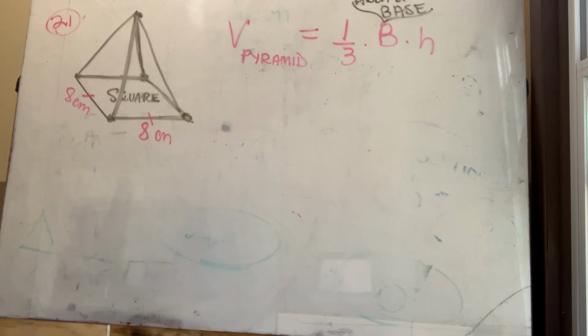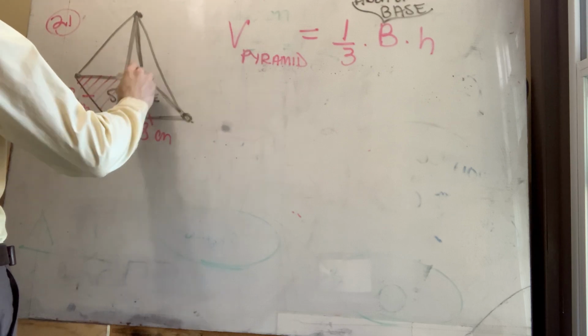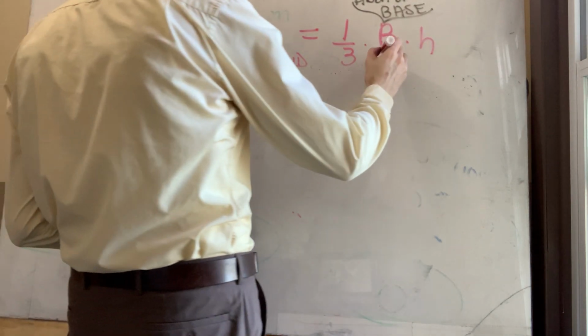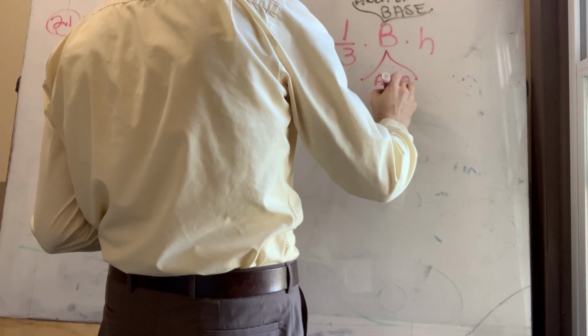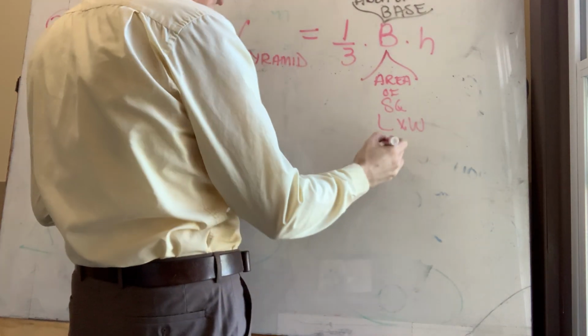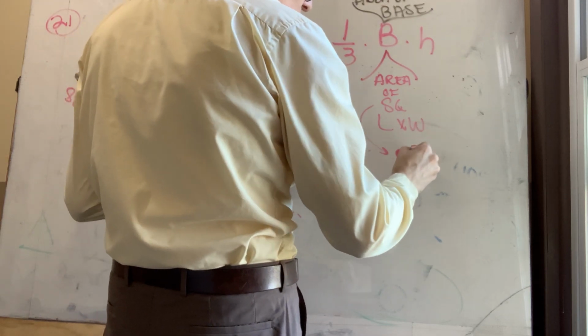Anyhow, if we figure out this area, the formula for the area of a square, you can get away with using length times width. It is usually given to be more specifically side squared, right?